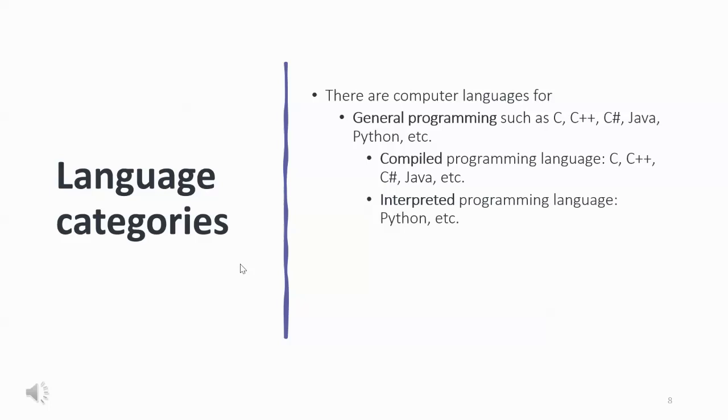Interpreted programming languages do not require converting the whole program, but just convert one instruction in the program, execute it, and then the next one is converted to machine code and then executed, and so on. Compiled programming languages include C, C++, C#, and Java. Interpreted programming languages like Python.